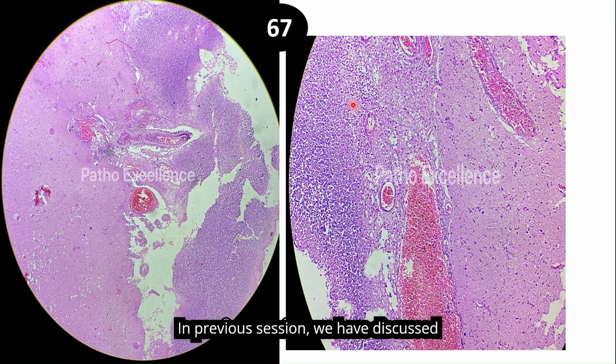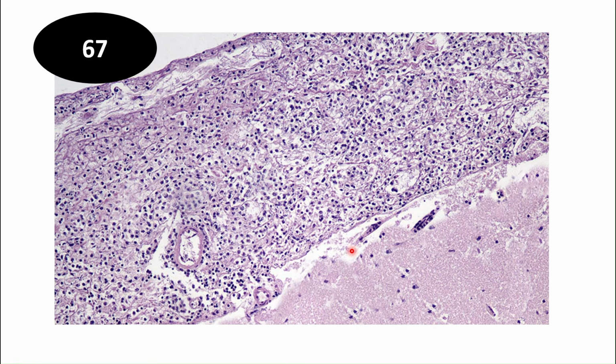In previous session we have discussed this topic. This is again to revise. This is a brain parenchyma, and this subarachnoid space shows plenty of inflammatory cell infiltrate, mainly polymorphs. So this is a slide of pyogenic meningitis.